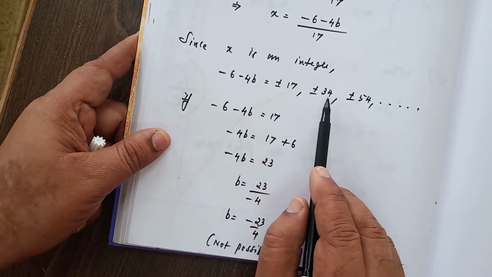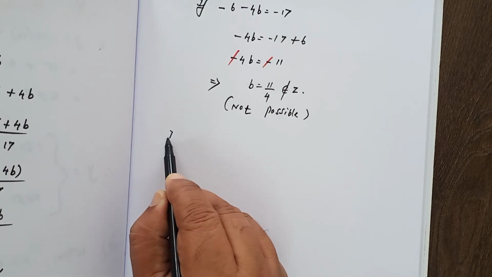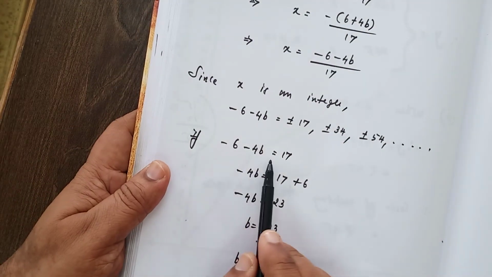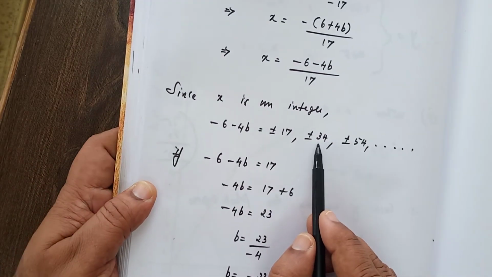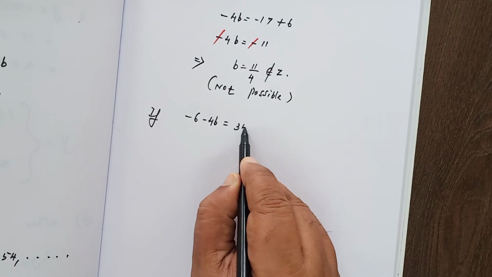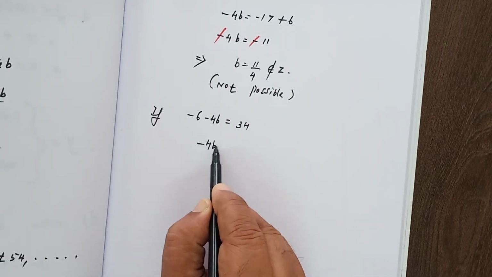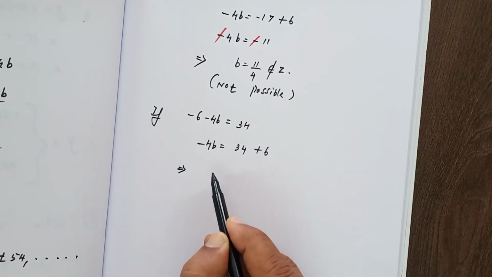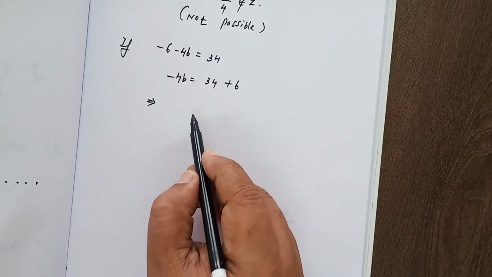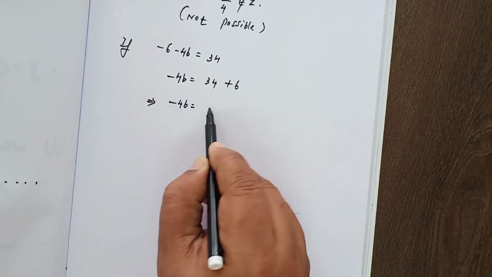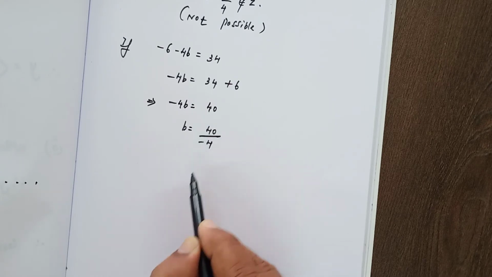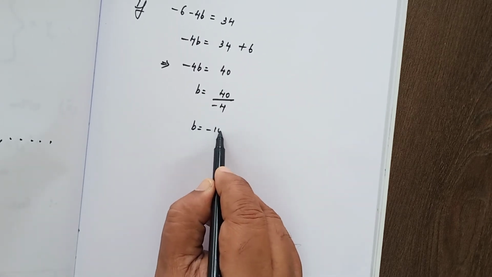Now I go for plus 34 and minus 34. Okay. Now if minus 6 minus 4b equals plus 34, then minus 4b equals 34 plus 6, since minus 6 comes to the right hand side as plus 6. Minus 4b equals 34 plus 6, which is 40. b equals 40 divided by minus 4, therefore b equals minus 10.